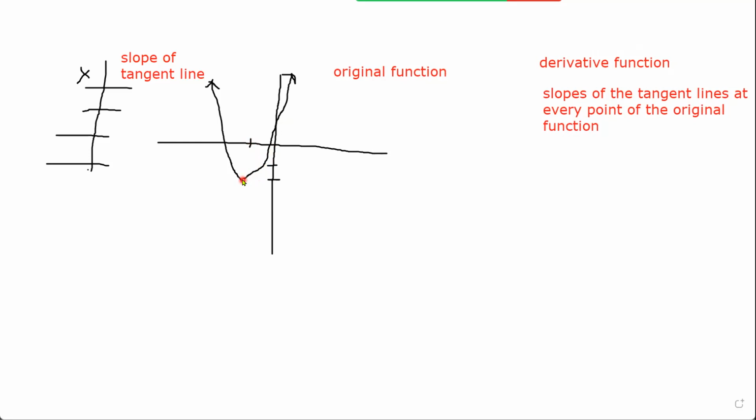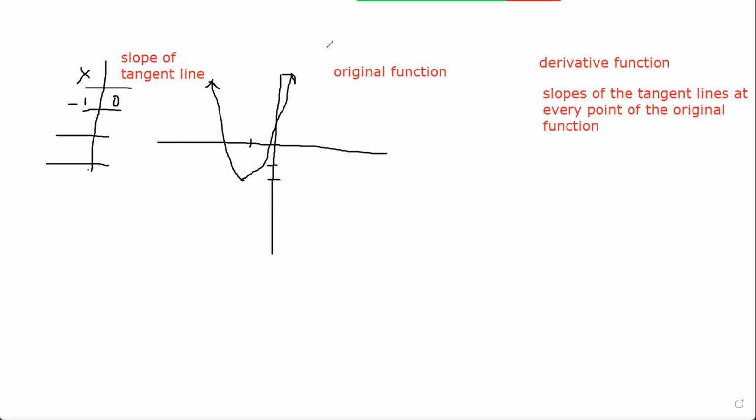Now, what is the slope of the tangent line down here? 0. So if that's really -1, we would have a point at -1 and 0 on our derivative function over here. You see?